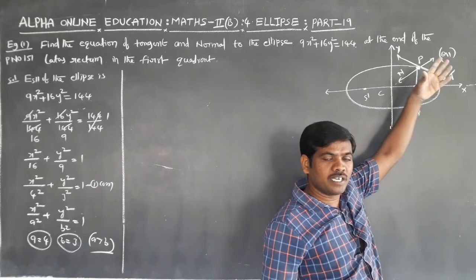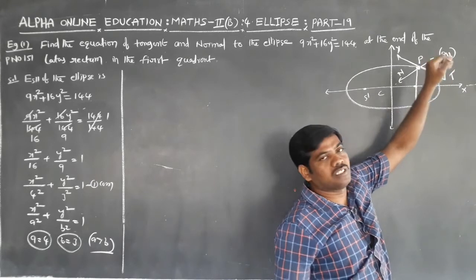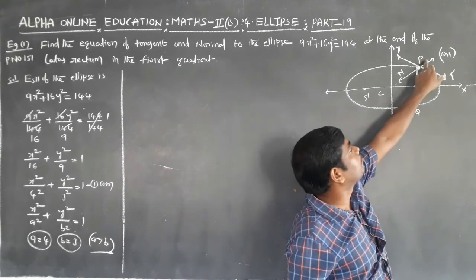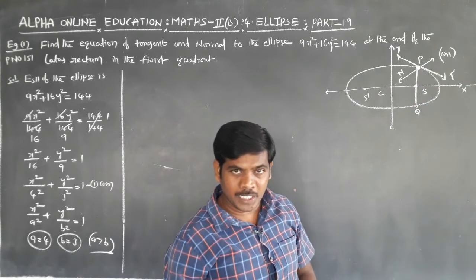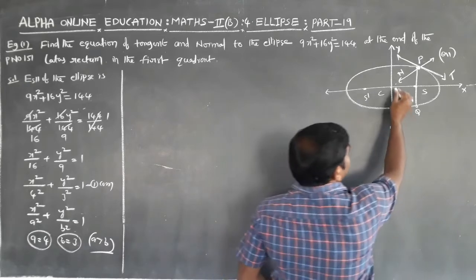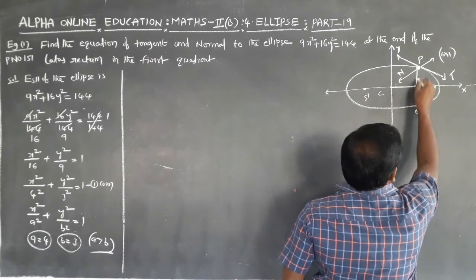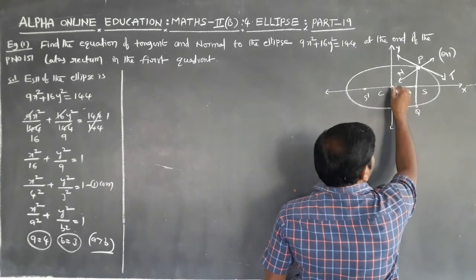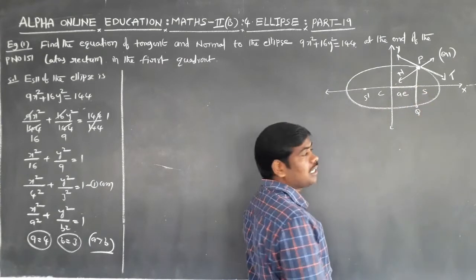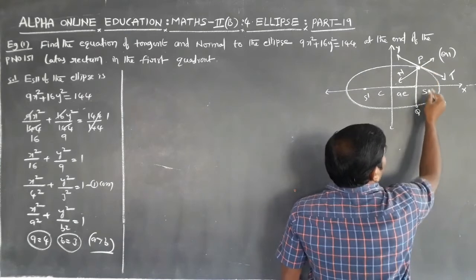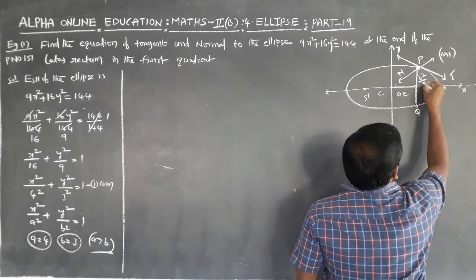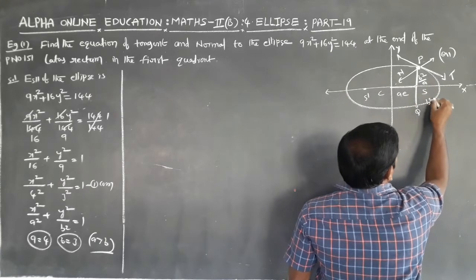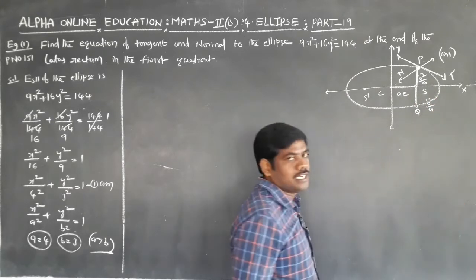Means here we find the equation of the tangent and normal to the ellipse at the point P. First of all here we find the point P. Here CS equal to AE. Length of the latus rectum PQ equal to 2b square by a. So SP equal to b square by a, SQ equal to also b square by a.